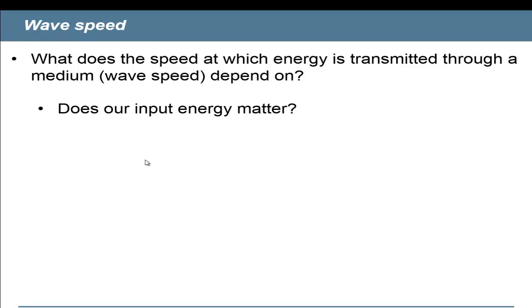Does that matter, how much energy we put into it? Does that dictate how quickly the energy is transmitted? Does the frequency at which we input the energy matter? Or does the amplitude matter for our wave speed, how quickly the energy is transmitted?